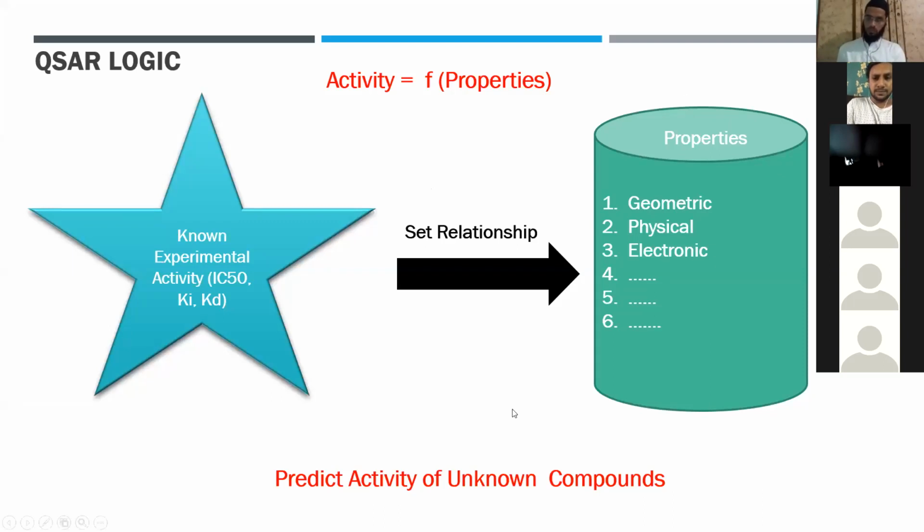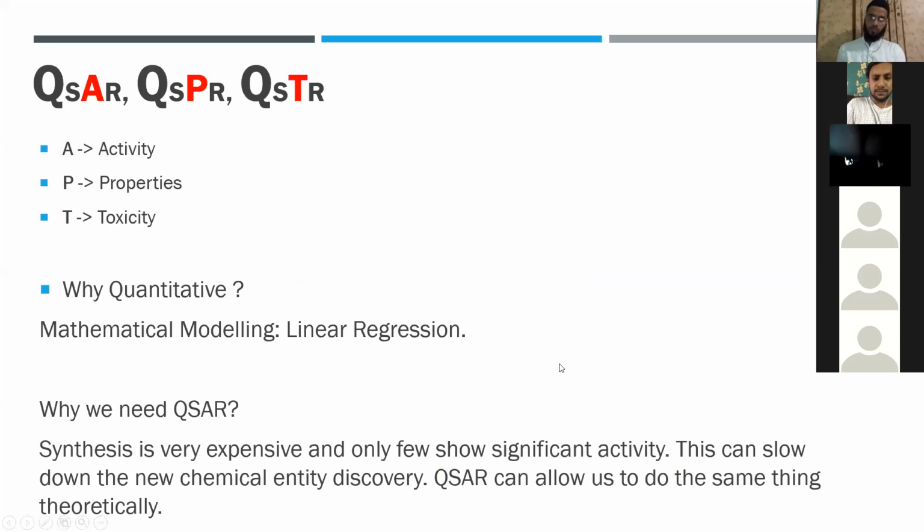Right. Now, one thing is definitely QSAR, but there are related terms also, like QSPR, where P means properties. Let's say I'm interested in calculating the solubility of a molecule, but I don't want to do the experiments. You can also design and develop a mathematical model for predicting the solubility.